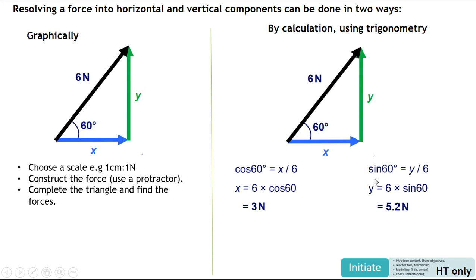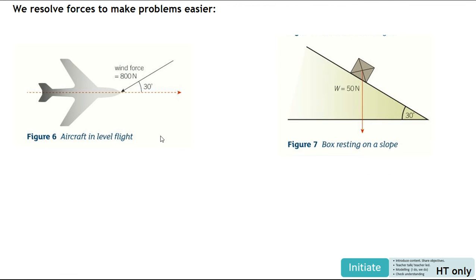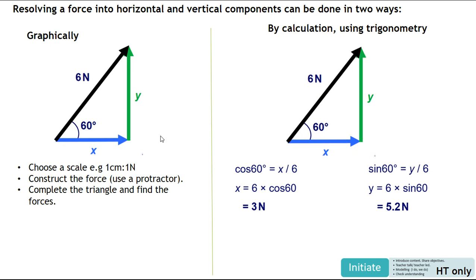And so we can directly calculate the answer straight away. Okay. And that's a better way of doing it, because you'll get a more accurate answer than with a scale drawing. There'll always be some sort of uncertainty and some errors in there. Okay. Pause if you need to have a look at it and make a note.